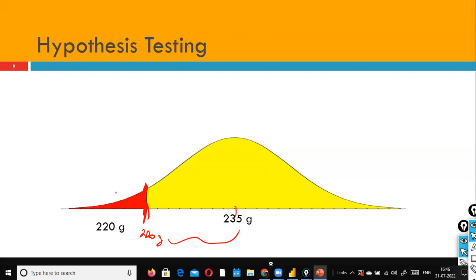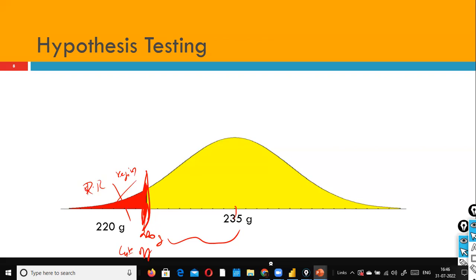If anything is less than 220 gram, you are going to reject it. So this is called your RR region, rejection region. This is your cutoff value. My cutoff is 220 gram, the tolerance level. If anything is less than 220 gram, and it falls here, I'm going to reject it.